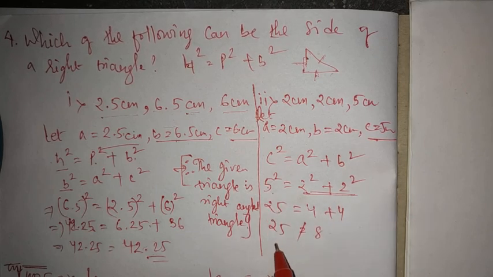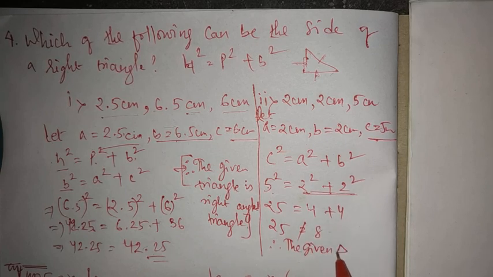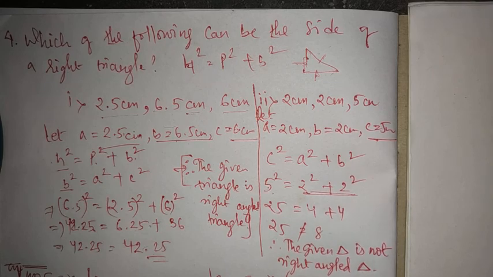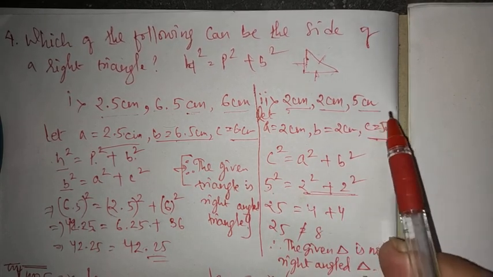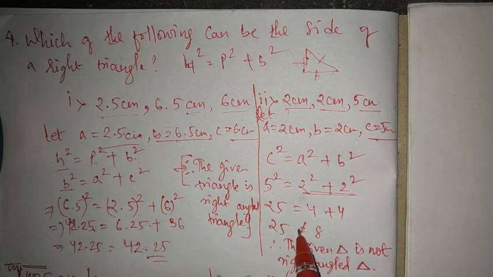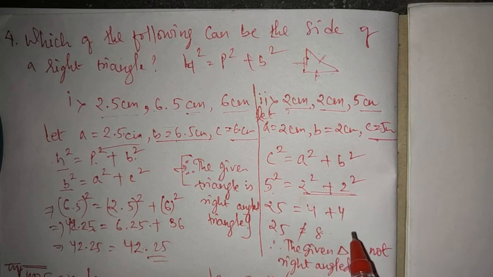Therefore the given triangle is not a right angled triangle. With 2 centimeter, 2 centimeter and 5 centimeter, as you saw, 25 is not equal to 8, so we will not consider the given triangle as a right angle triangle.